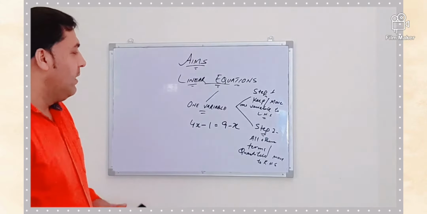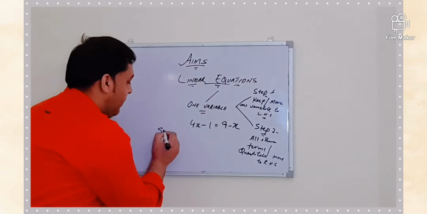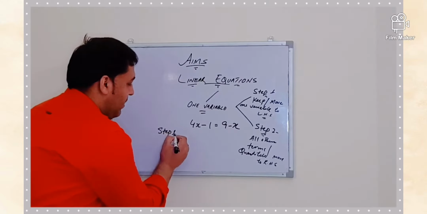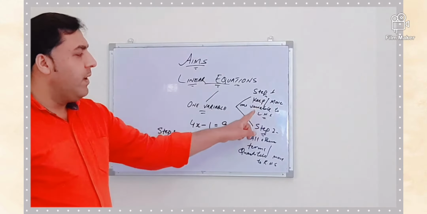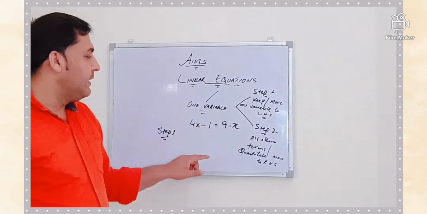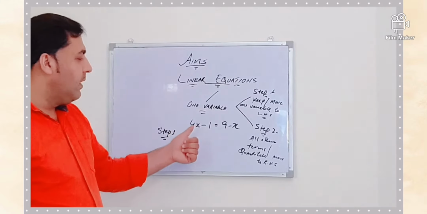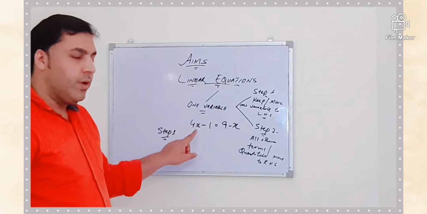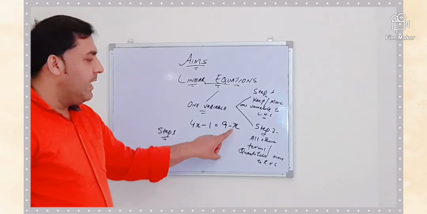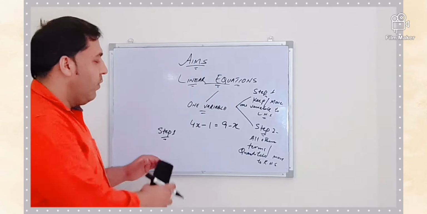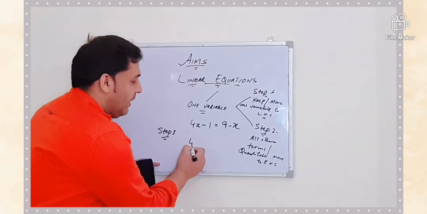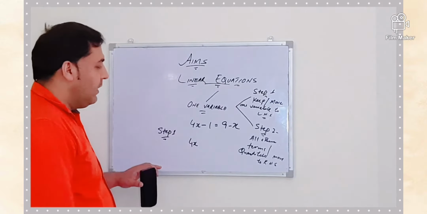Let us go to step number 1. We will keep or move our variable to the left hand side. On the left hand side, the variable term is 4x. On the right hand side, minus x. So 4x will be on the left hand side as it is.